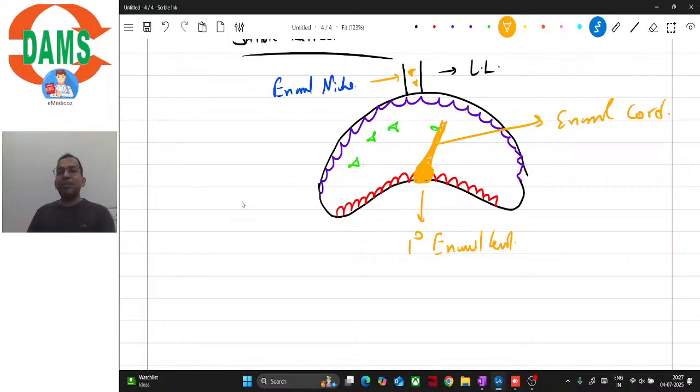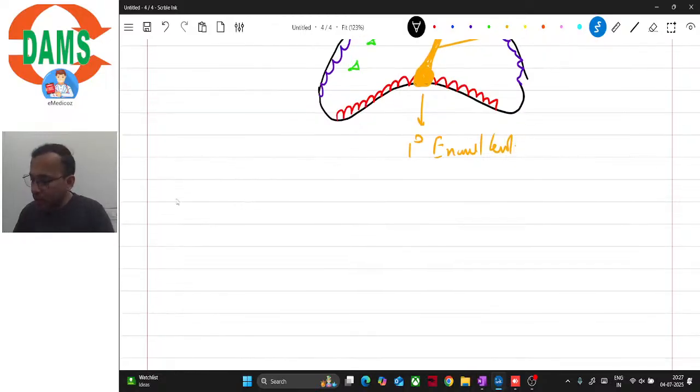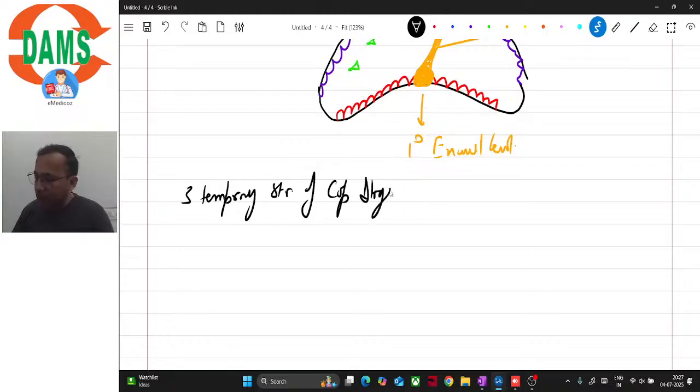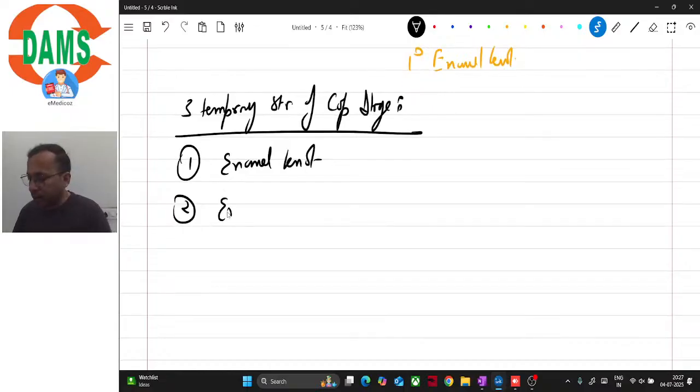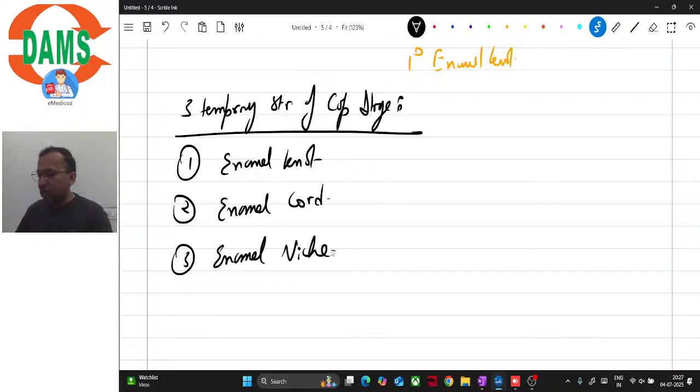So these are the three temporary structures that we notice at the cap stage. What are those? First one is enamel knot, another one is enamel cord, and the third one is enamel niche, right?